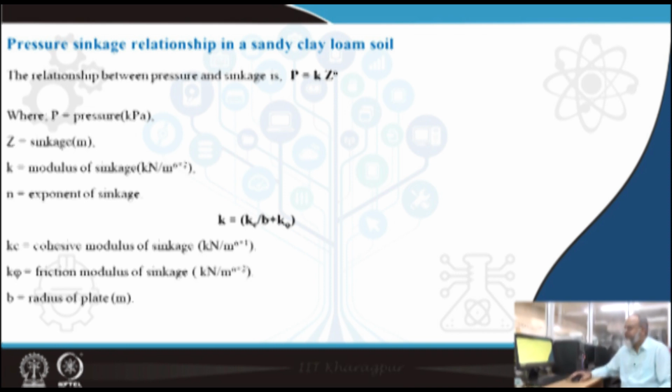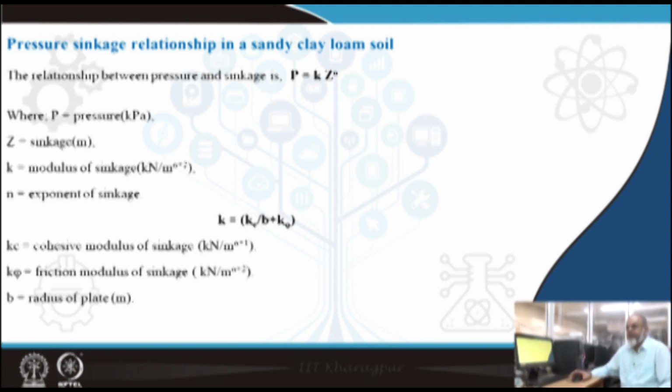So what we have done is we have taken three different circular plates of diameters 25 centimeter, 30 centimeter and 35 centimeter. Now these plates are put on the soil and then we apply a force using a hydraulic cylinder, and the force which is applied is measured with a load cell, and the corresponding sinkage is measured using a potentiometer.